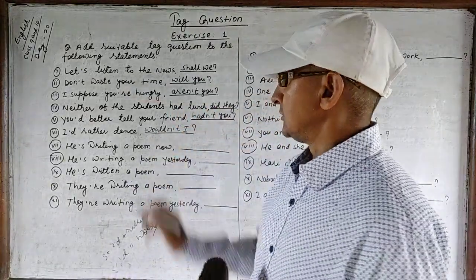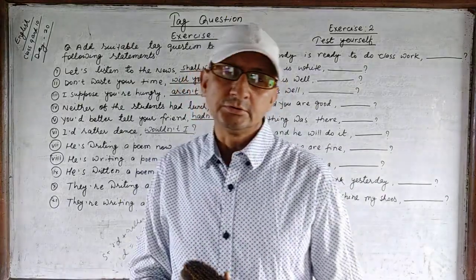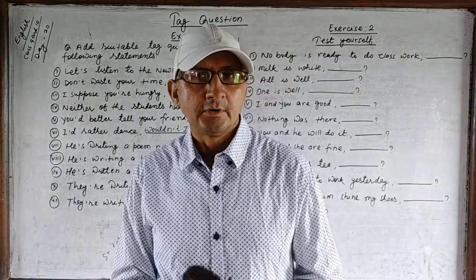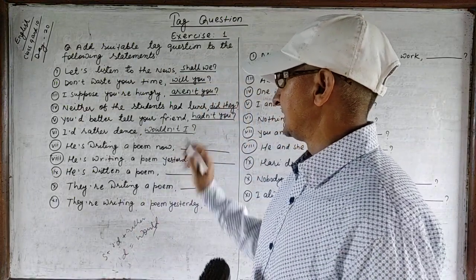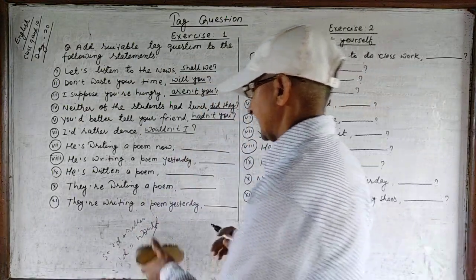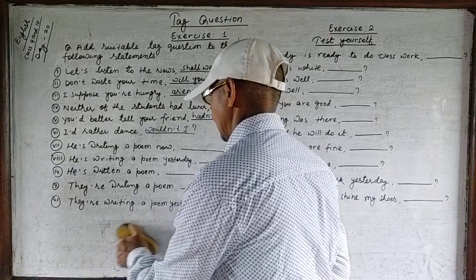So we use would to make a tag. So wouldn't I is the tag of this statement.